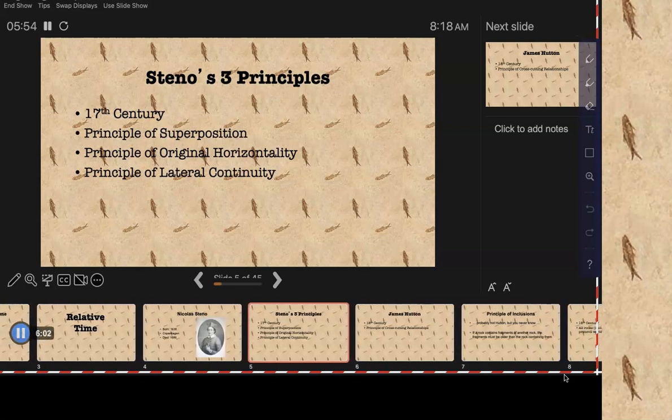Steno is one of our founding fathers, except he did it before we really had a field to found. They went back, though, I think, and said, oh, look at this guy's principles. These make sense. So 3 of them that you guys will come to know and love.